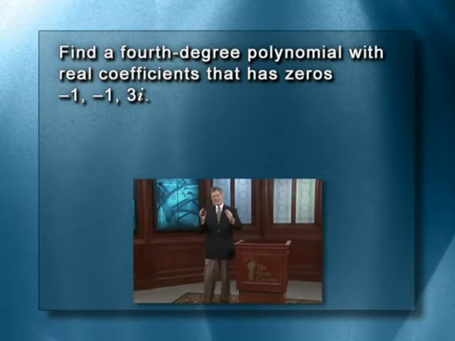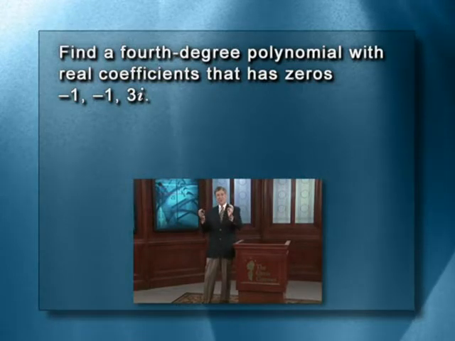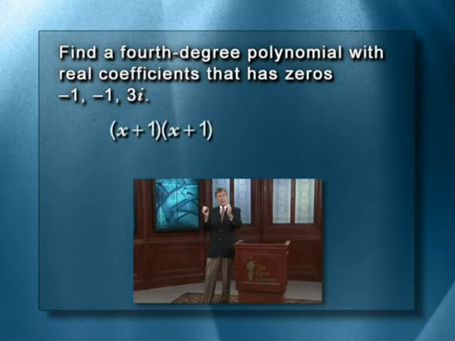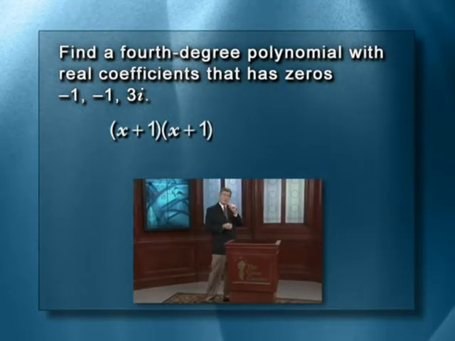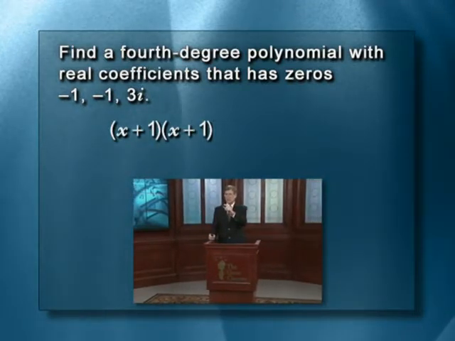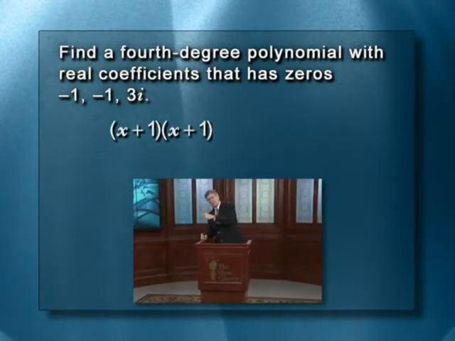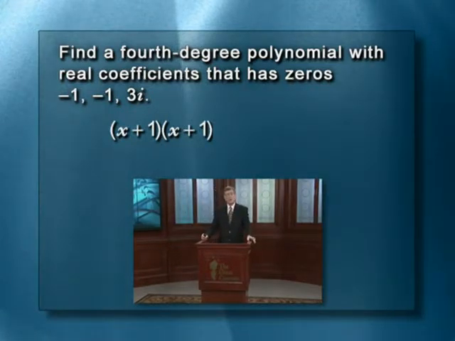Well, if -1 is a zero and it's repeated twice, then you'll have two terms, x plus 1, x plus 1. Now, what about 3i? If 3i is a zero, then -3i, its conjugate, also has to be a zero because we want our polynomial to have real coefficients.